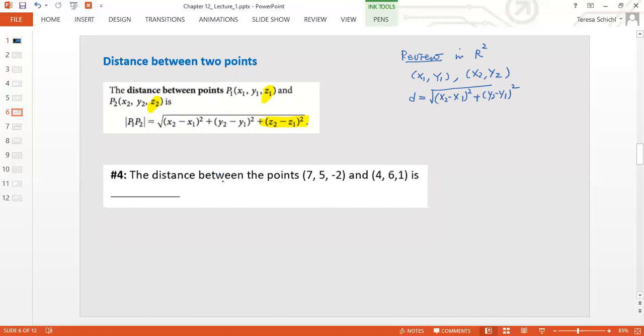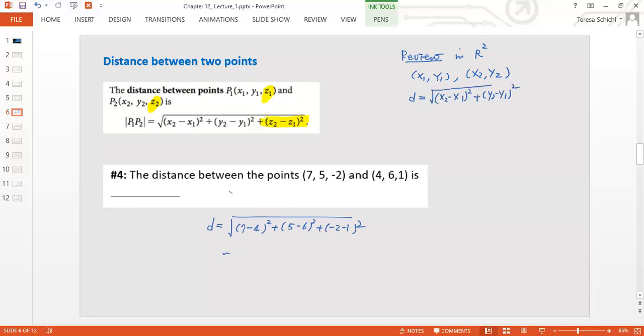Okay, so now let's take a look at this one here. Let's see what our answer is. They want to find the distance between these two points. It's pretty straightforward, right? So the distance will be the square root of, first, 7 minus 4 squared, plus 5 minus 6 squared, plus negative 2 minus 1 squared, right?